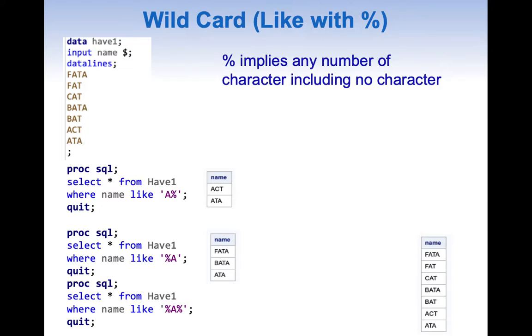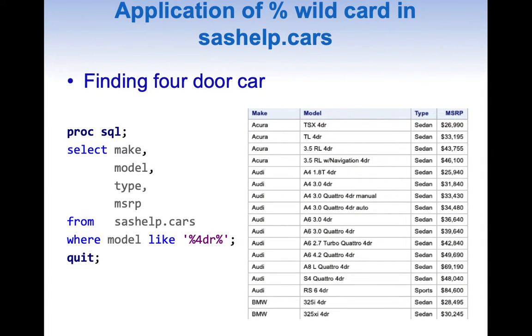So it is important to do upcase to get the records you want, and with the wildcard we always need to use the LIKE operator. Now I would like to discuss application of the percent wildcard in SASHELP.CARS. Here I would like to find 4-door cars from the Model column.